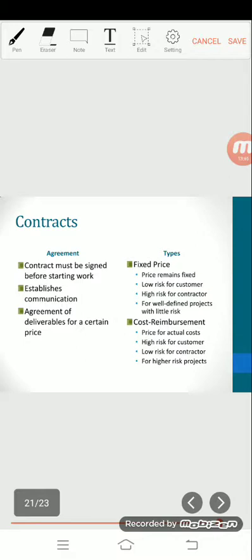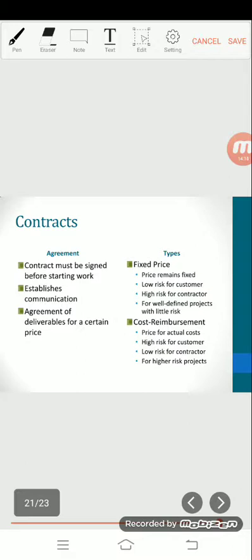In a cost reimbursement contract, the customer usually requires that throughout the project, the contractor regularly compare actual expenditure with the proposed budget and forecast costs at completion.